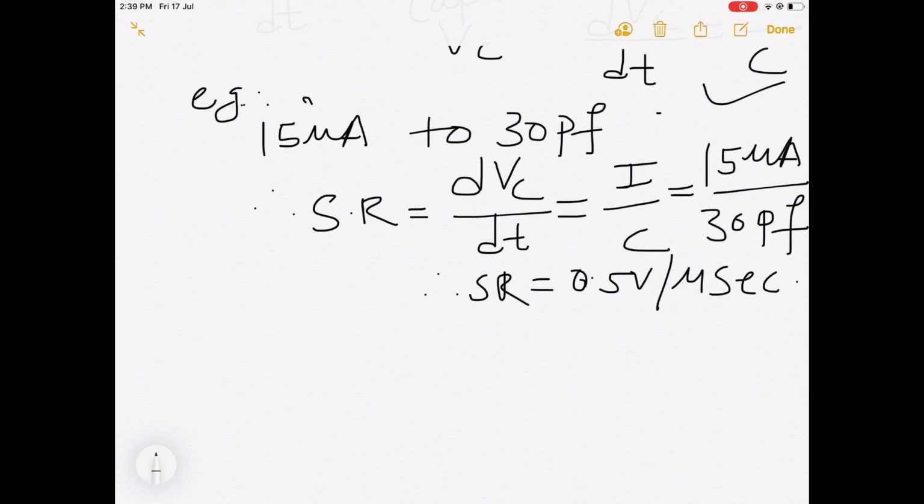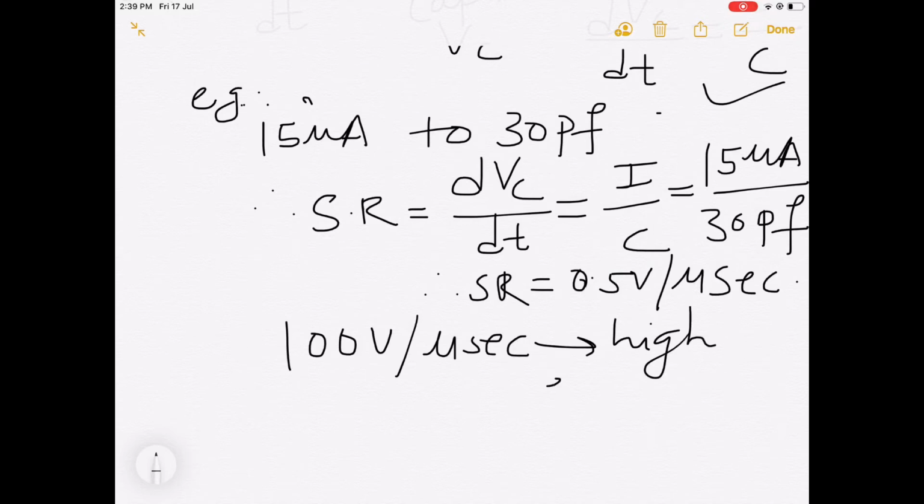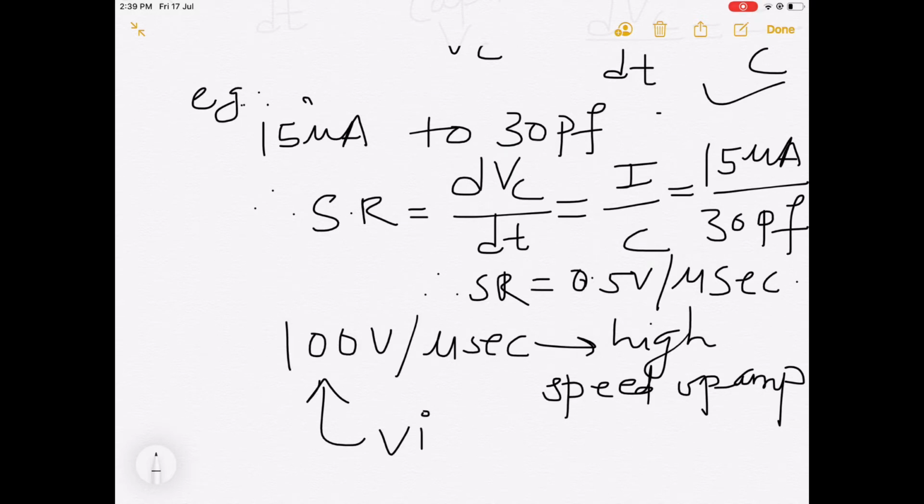Therefore, if slew rate is more than 100 volts per microsecond, then it is called a high speed op-amp. These are available for special applications, such as video systems.